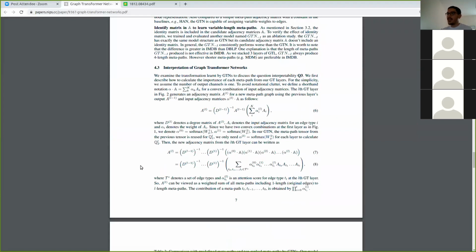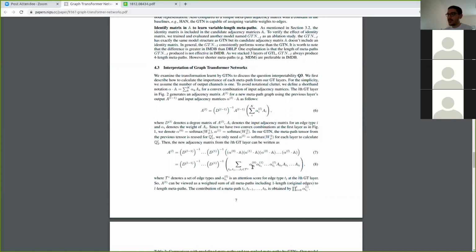In terms of how this is done, you can think of an adjacency matrix that is generated using the output of the previous layer as well as the collection of adjacency matrices.